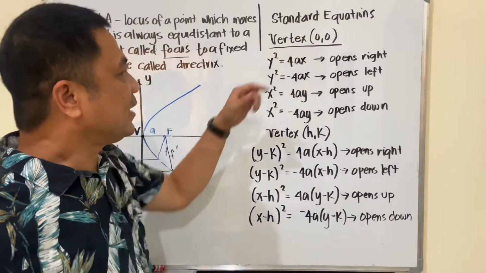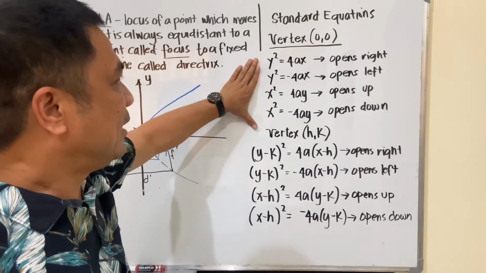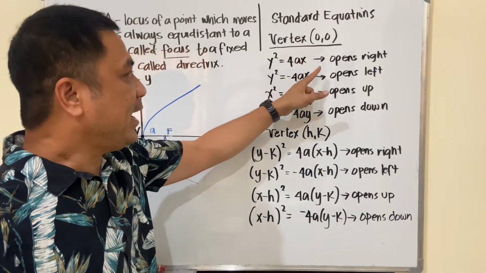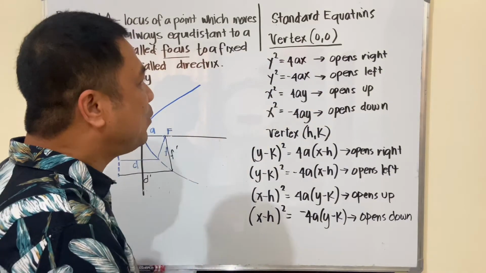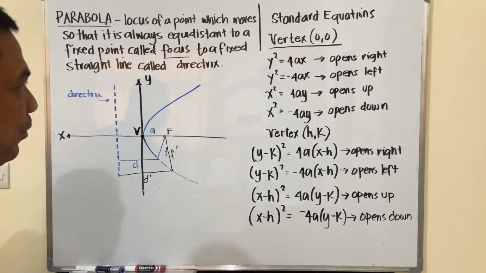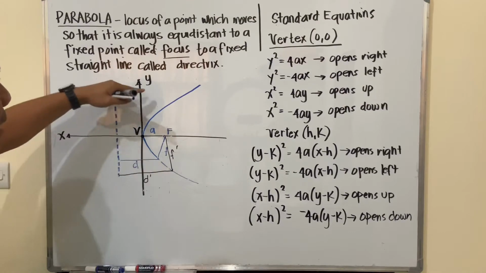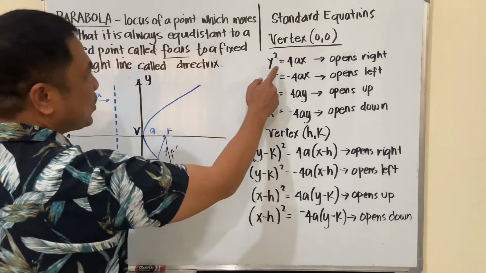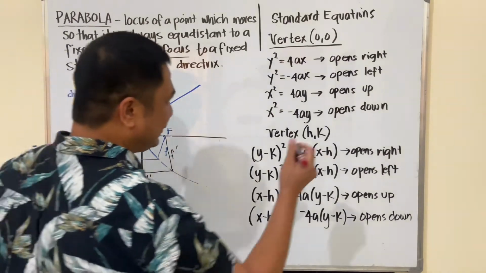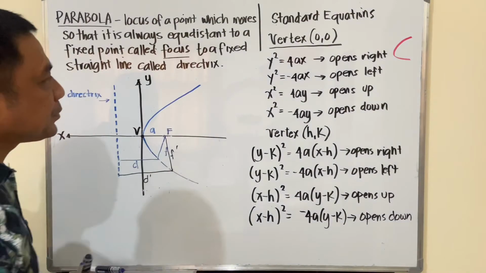If the vertex is at the origin, you have this form for standard equations. We have y squared is equal to 4ax, which means that your parabola is opening to the right. So our example here is in the form y squared is equal to 4ax since it opens to the right, with vertex at (0, 0).